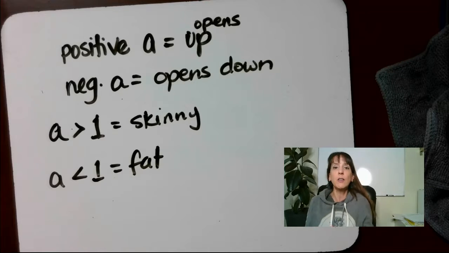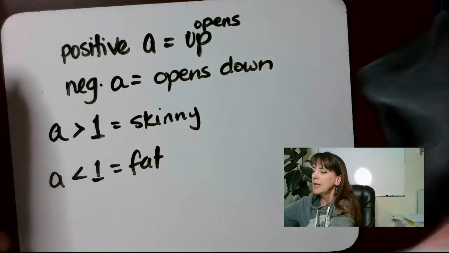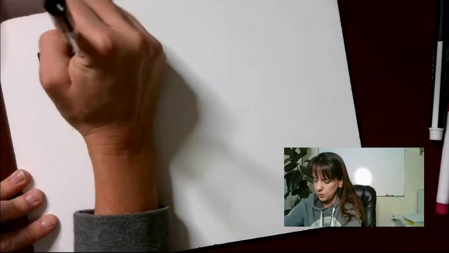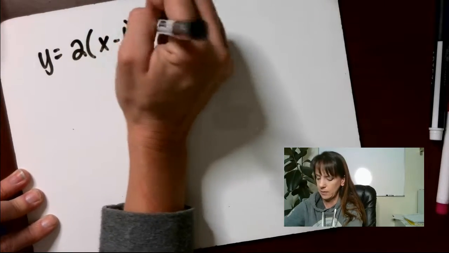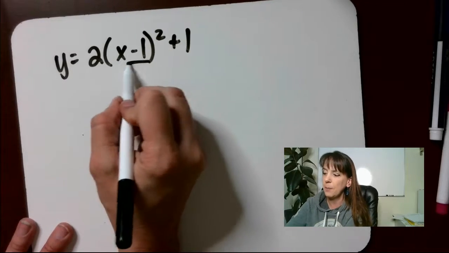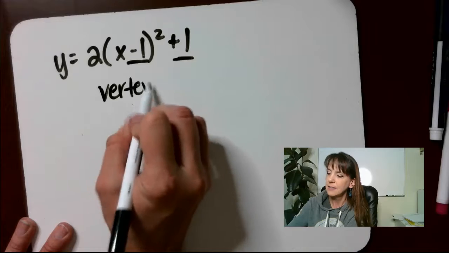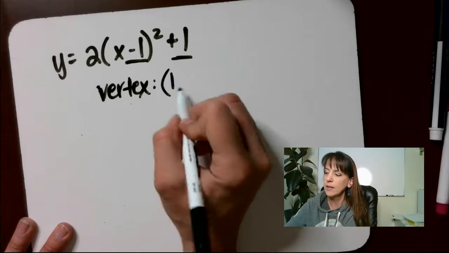Okay, so knowing all of this, we're going to practice some of these guys in vertex form. For example, we have y equals 2 times x minus 1 squared plus 1. The vertex of this guy would be opposite this, regular this. So our vertex is going to be 1, 1.